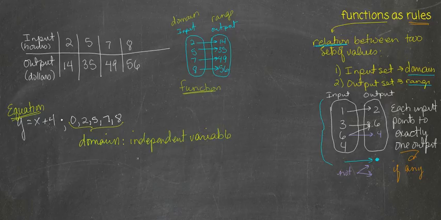Right? It's the one we get to pick from. We're free to choose a number. So I can choose 5, or I can choose 2, or I can choose 8, 7, 0. I can choose these numbers in any order. So I'm independent. I'm free to choose them. When I put them in the equation and I get an answer out, that's going to be called the dependent variable because it depends on what I choose to put in before I get something out.